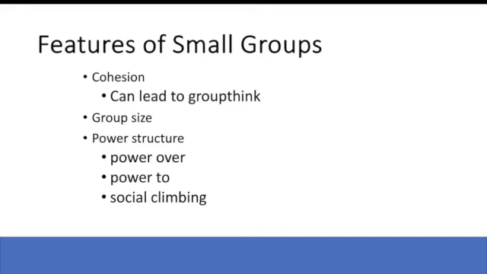Some of the great disasters, like the Challenger disaster and the Bay of Pigs invasion, have been attributed to groupthink, where people are not carefully analyzing and they're afraid to criticize another person's idea, and that can lead to negative outcomes.